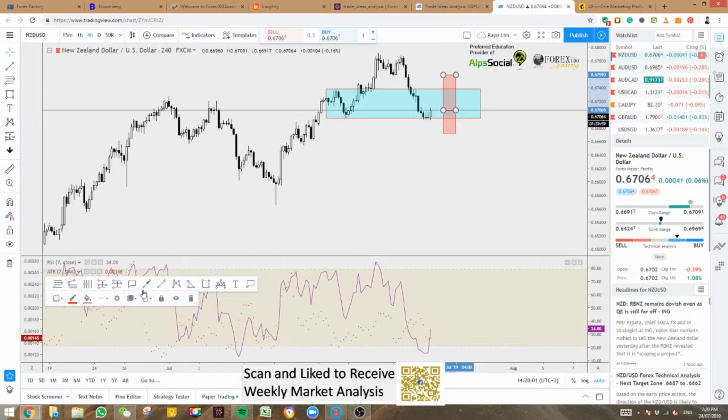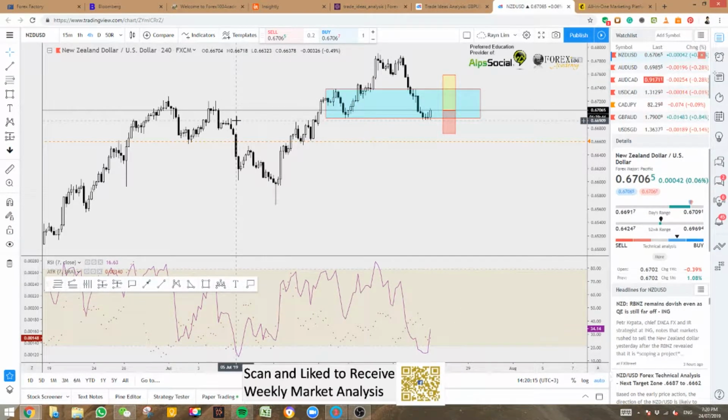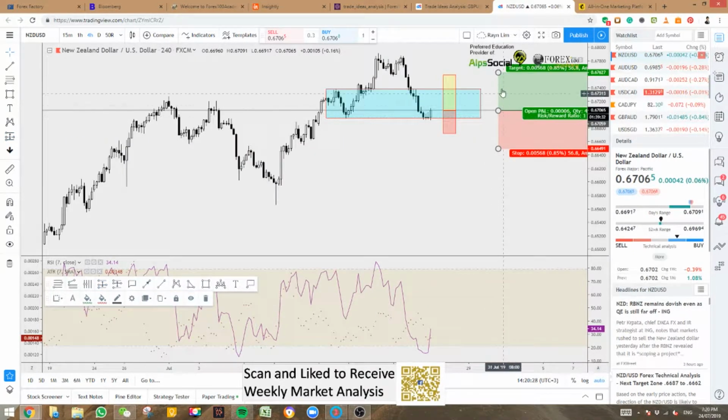Do I have a 2-1 ratio? You can either copy the box over here. It doesn't have it. This is my first target, yeah. The second target is a mystery. Over here is my entry price.